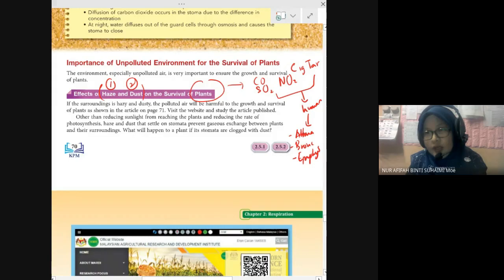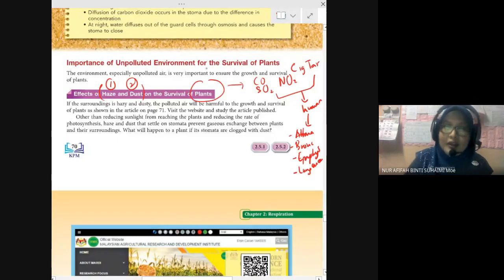And one more is lung cancer, caused by cigarette tar. So it's four diseases. And for plants, there isn't disease, right? So there is another effect of haze and dust on plants.